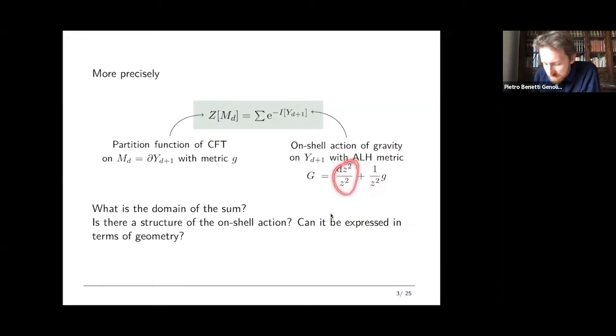So there is a coordinate Z such that this holds. You can insert a coordinate in a neighborhood of the conformal boundary such that this holds.